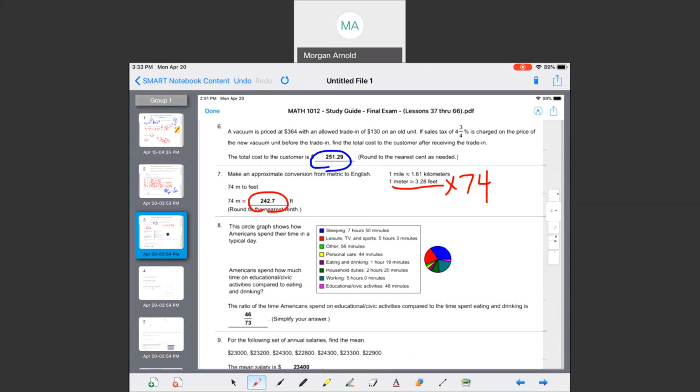Educational, civic activities, that would be 48 minutes. And eating and drinking is 1 hour, 19 minutes. An hour is 60 minutes plus 19 additional minutes. So the correct denominator is actually 79.